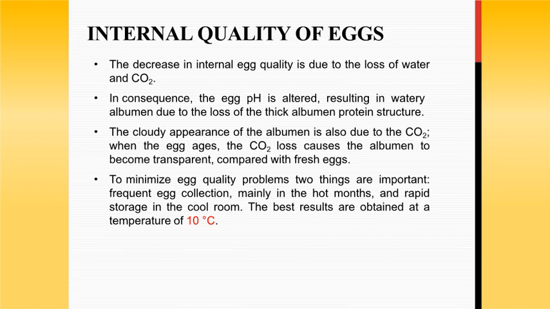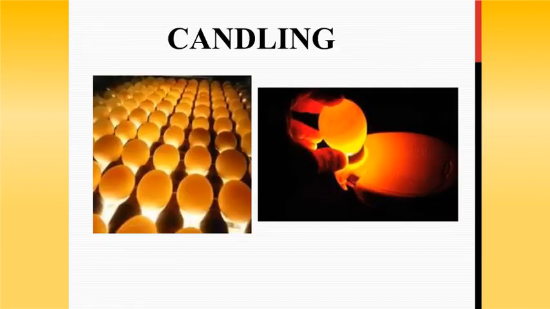To minimize egg quality problems, two things are important: frequent egg collection, mainly in the hot months, and rapid storage in the cool room. The best results are obtained at a temperature of 10 degrees Celsius. Egg candling is when we shine a bright light into an egg to see inside it.